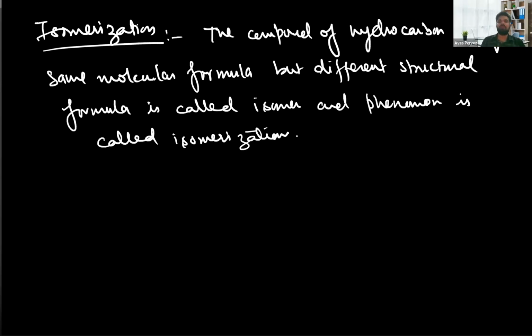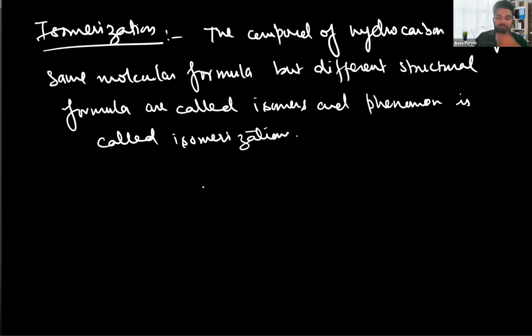Got it? The compounds of hydrocarbons having the same molecular formula but different structural formula are called isomers. And the phenomenon is called isomerization.